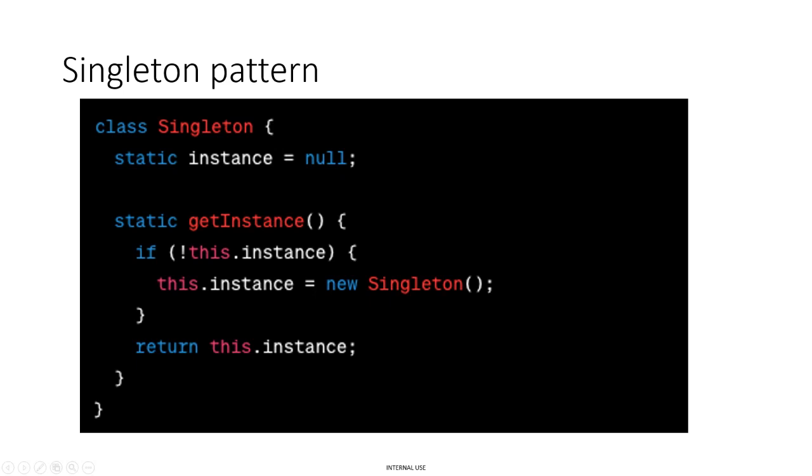If it's not null, then we're not going to create the singleton. We're just going to return the singleton that already exists. And that's where this keyword has to do with this instance of this class. We see that also in Java entities, especially in Spring Boot. So those are some ways to use a static method.